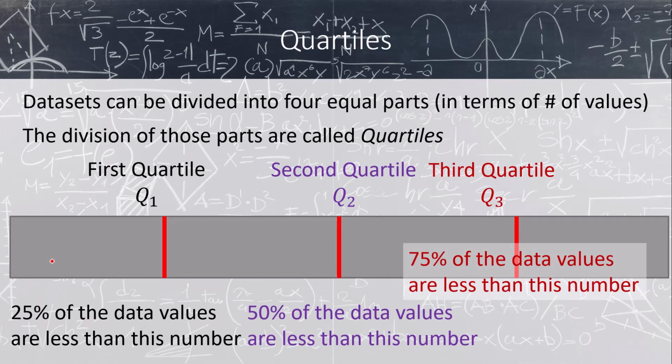Now remember, percentiles, you take a data set and you divide all of them into 100 different parts. So each percentile contains 1/100th of the entire data set, which really only makes sense when you have data sets whose sizes are 100 or bigger.